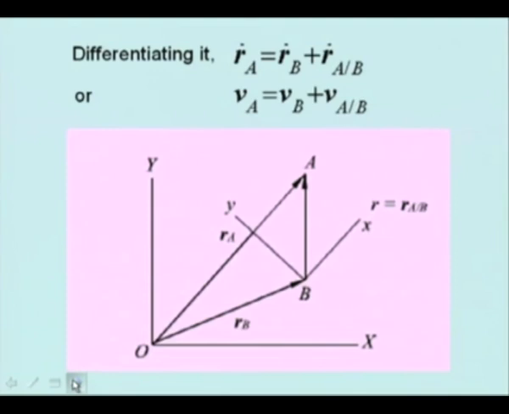Therefore, R dot B indicates the velocity of point B, that is the absolute velocity of B, plus V A with respect to B, because R A slash B is the position vector of A with respect to B. Therefore, R dot A slash B will be the velocity of A with respect to B. So we get a simple relation that V A is equal to V B plus V A slash B. That means the velocity of particle A is equal to the velocity of particle B plus the velocity of particle A with respect to B.